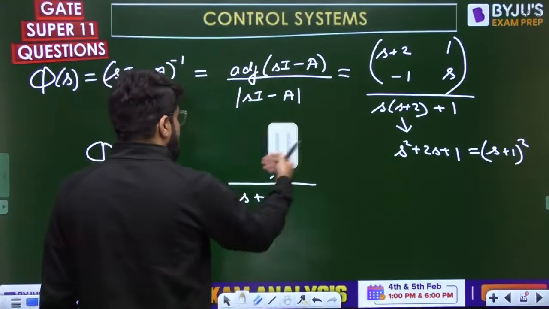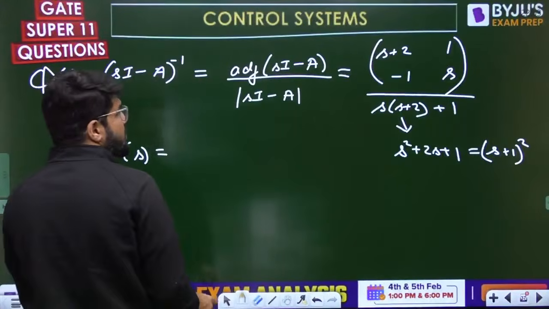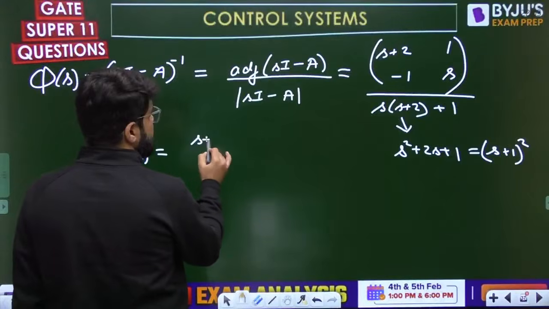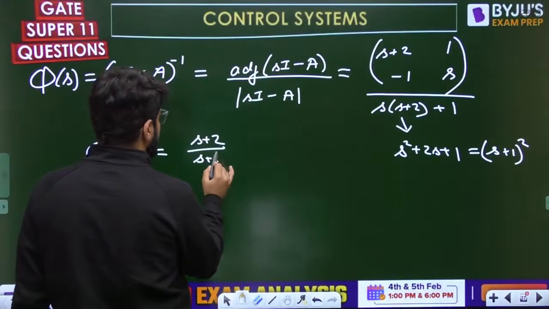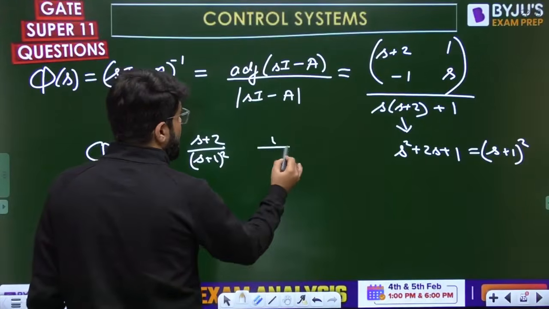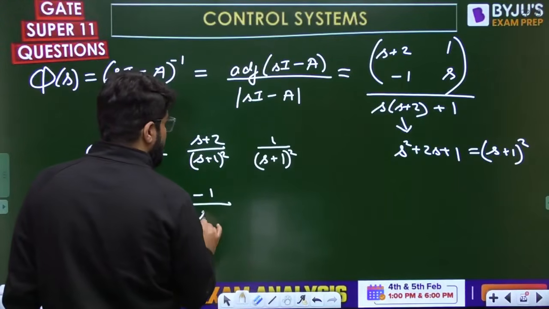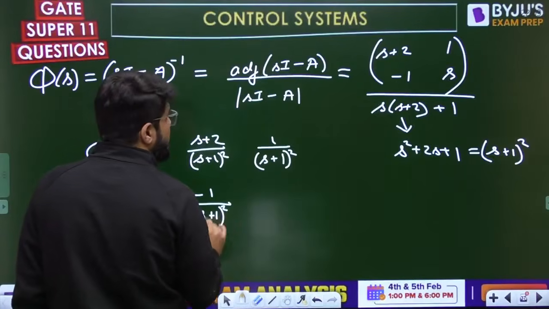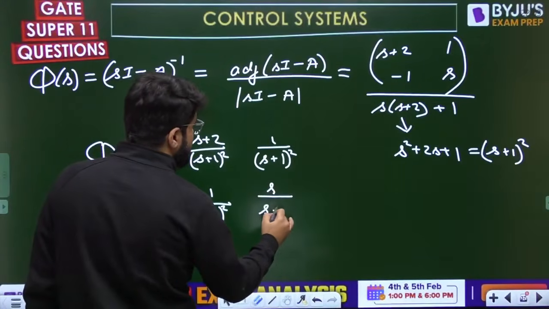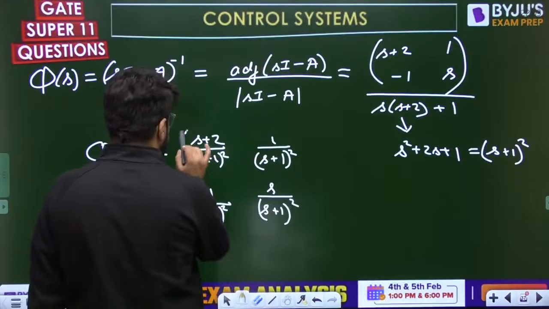So let me write it down: S plus 2 upon (S plus 1) whole square, 1 upon (S plus 1) whole square, minus 1 upon (S plus 1) whole square, and S upon (S plus 1) whole square.